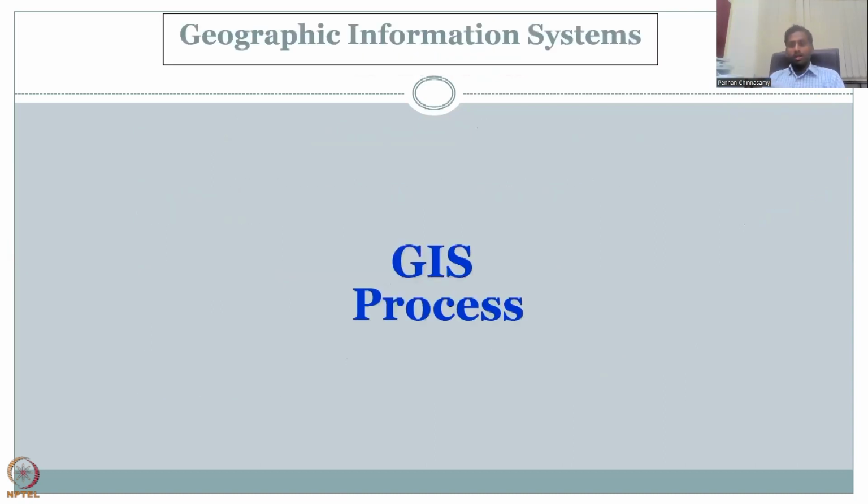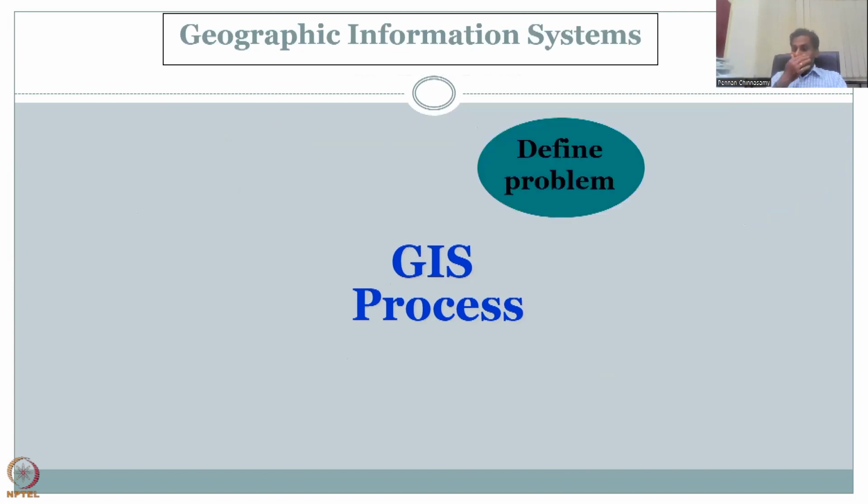Let's continue the short description of GIS. Let's look at the GIS process. Now we know what GIS is. It is used to convert spatial data into spatial information with geospatial locations. So in the GIS process, a normal process, you define a problem.